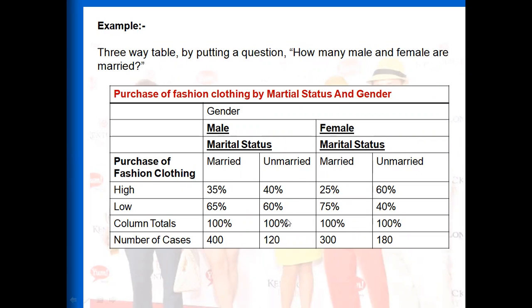Similarly, unmarried males are categorized into high and low purchase of fashion clothing. Married females are categorized into high and low, 25% and 75%. That is, this percentage is out of married females, and this is out of unmarried females. Therefore, this column total is 100, right?